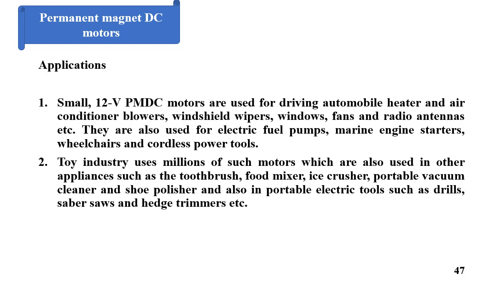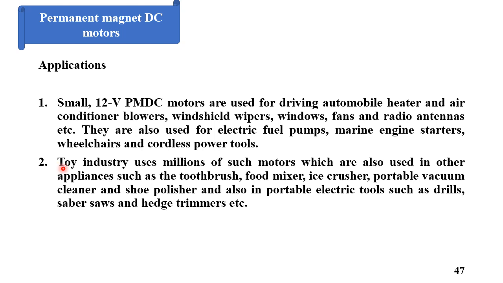For the applications, small 12-volt permanent magnet DC motors are used for driving automobile heaters, air conditioner blowers, windshield wipers, windows, fans, and radio antennas. They can be used for electric fuel pumps, marine engine starters, wheelchairs, and cordless power tools.